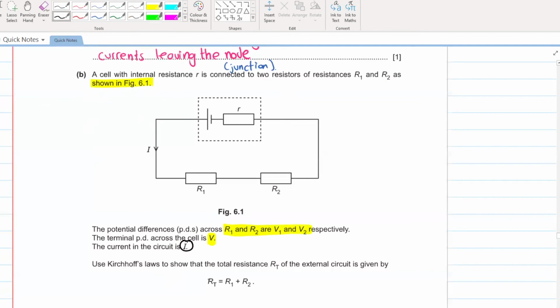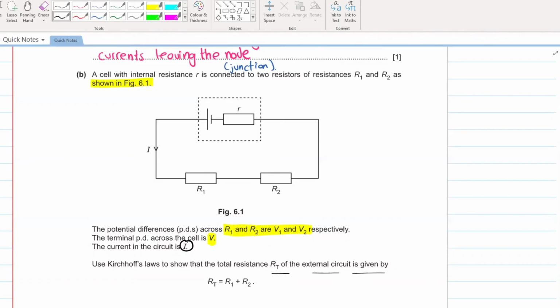Use Kirchhoff's law to show that the total resistance RT of the external circuit is given by this. So you have to apply Kirchhoff's law to show that the total resistance is equal to this. How can you do that?